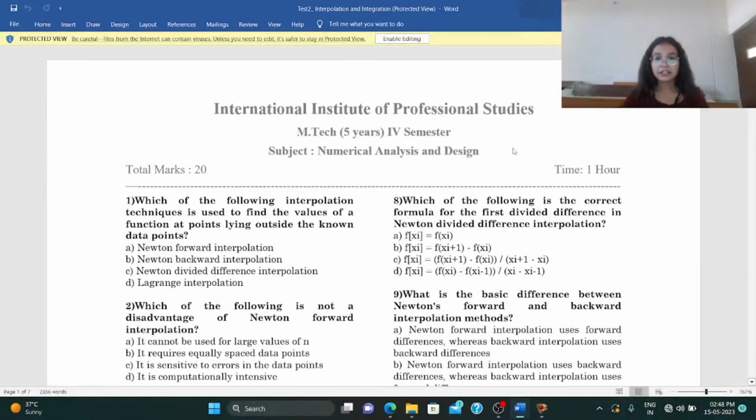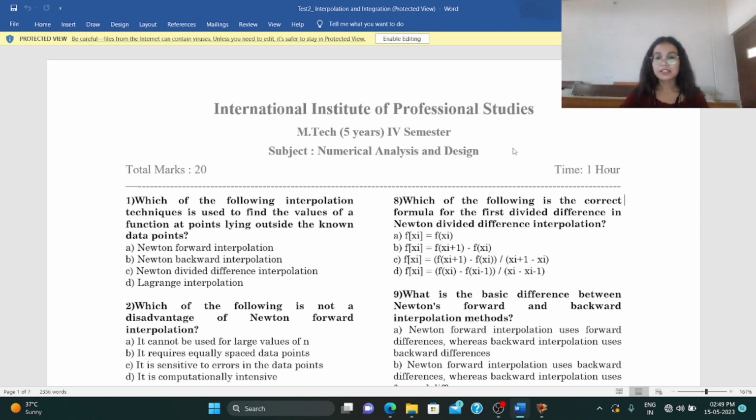Now the question 8. Which of the following is the correct formula for the divided difference in Newton divided difference interpolation? A. Function of xi equals function of xi. B. Function of xi equals function of xi plus 1 minus function of xi. C. Function of xi equals bracket function of bracket xi plus 1 minus f of xi bracket close divided by xi plus 1 minus xi.